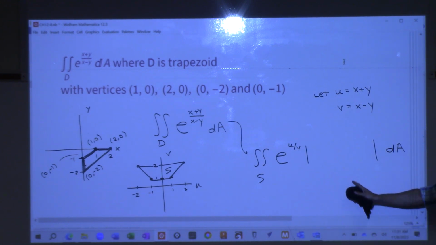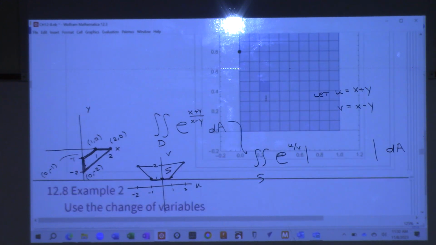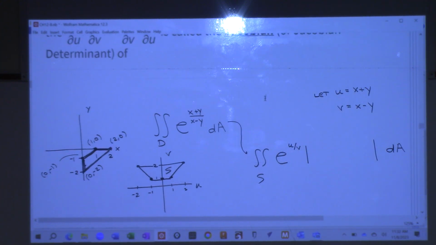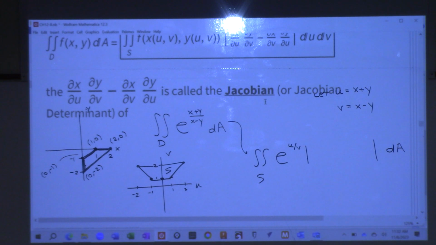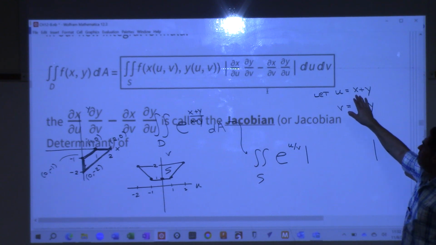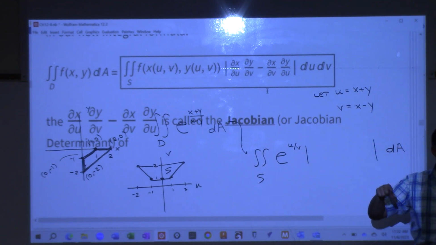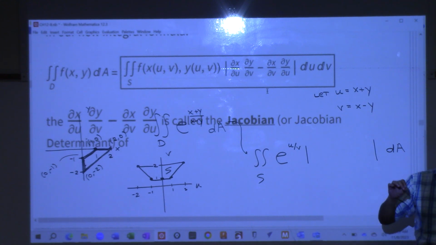The Jacobian, put it back up here, partial x with respect to u, right there. That's our Jacobian, right? The problem here is that this right here is solved for u and v. We need x in terms of u and v only, and we need y in terms of u and v only.